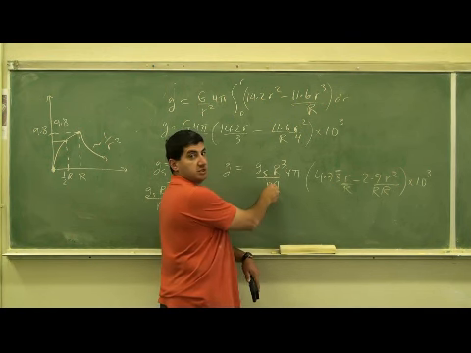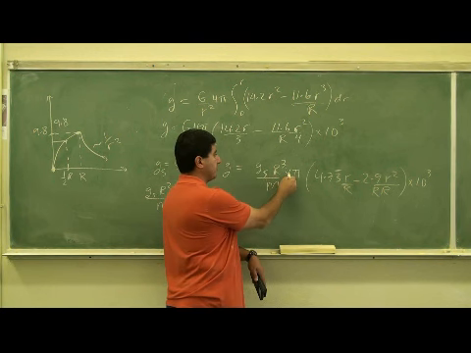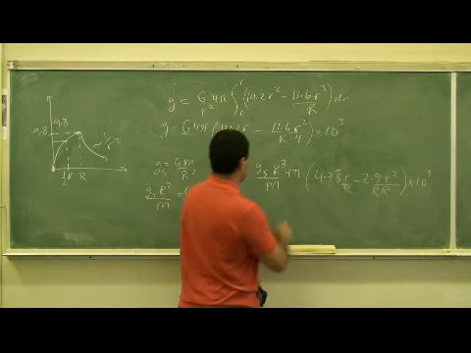So now, look how I'm going to do this. This is actually the average density of the Earth, the mass of the Earth divided by the volume.